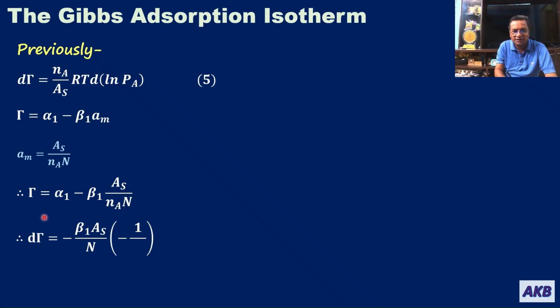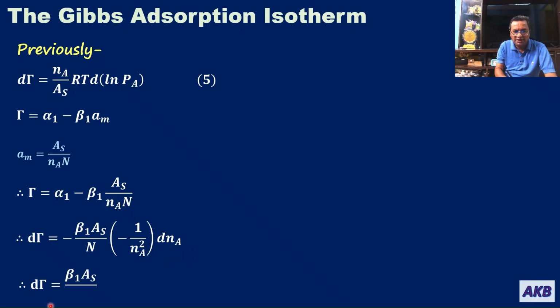And if you differentiate it, d capital gamma is equal to, alpha 1 is constant, so its differential is 0. So it will be minus beta 1 As upon N, because these are constant, and the differentiation of 1 upon Na is minus 1 upon Na square into dNa.